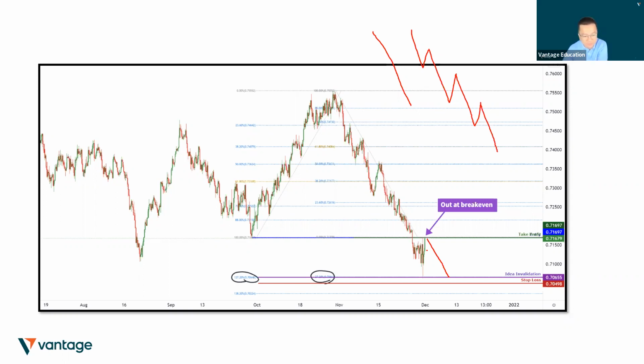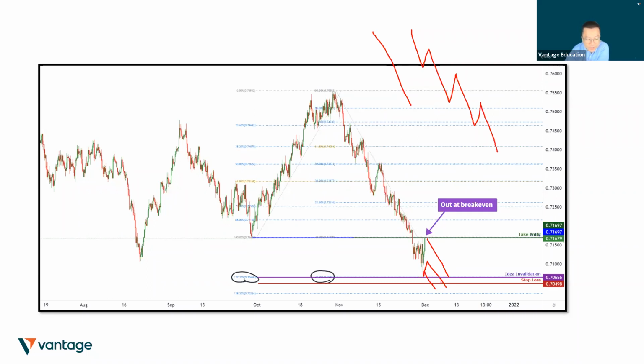Fantastic. Good stuff. All right. So it's not always that you get to the situation where you're able to have an idea invalidation setup, because like you mentioned as well, price could just come down, test this level, bounce a little bit before straight back down to a stop loss, or it could just go straight back down again next candle.